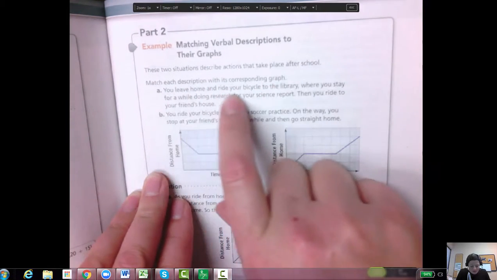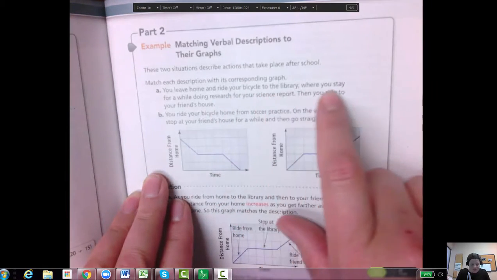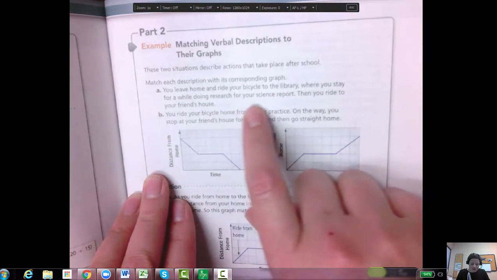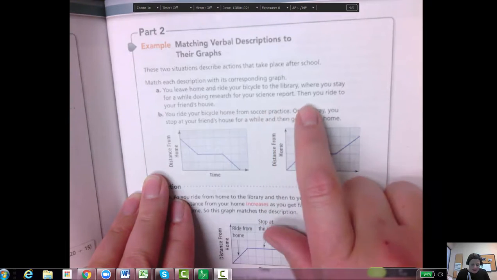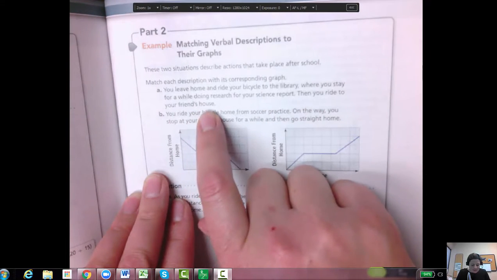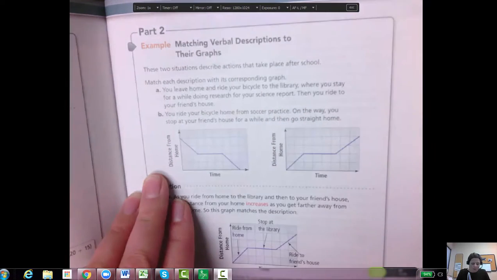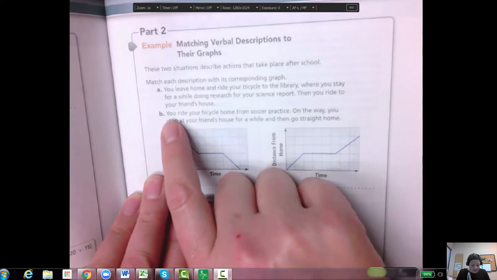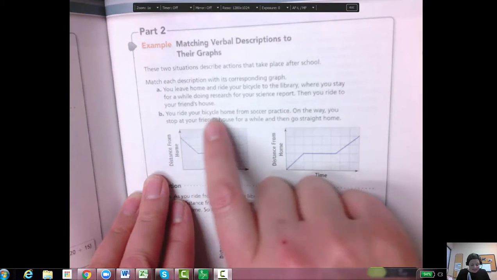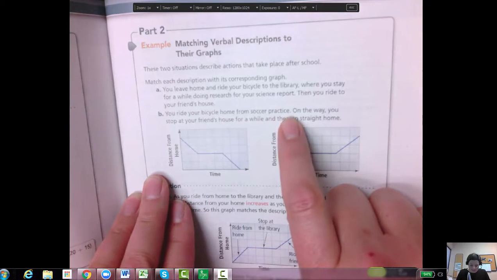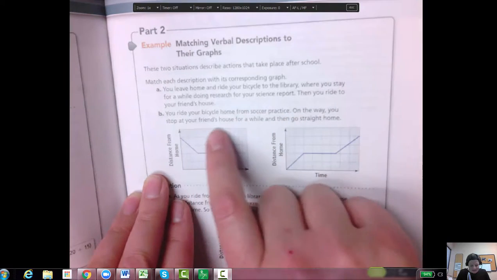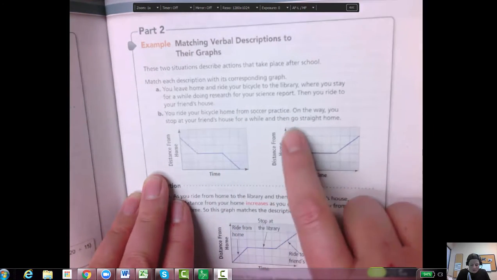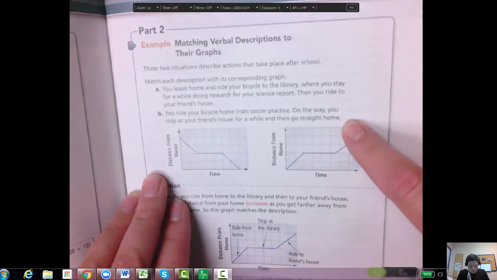You leave home, you ride your bike to the library, where you stay for a while doing research for a science project or report. Then you ride to your friend's house. Okay, that's situation number 1, or A. The second one, you ride your bicycle home from soccer practice. On the way home, you stop at a friend's house for a while, and then you go straight home.